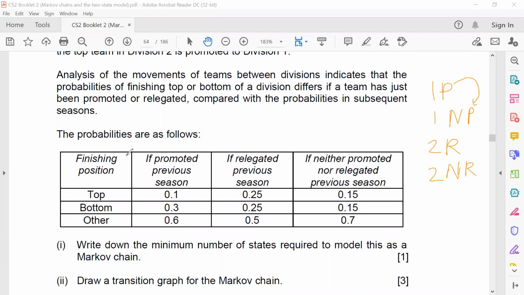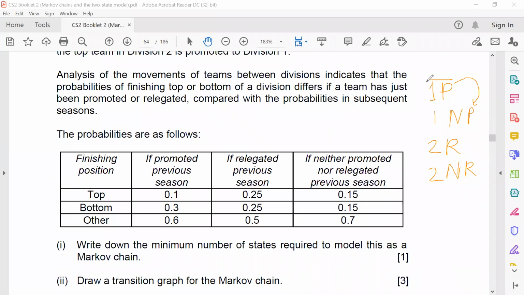So I see that if I was promoted in the previous season, then the probability that I will finish in the bottom is what I want to see, right? I know that I can only be promoted when I'm in state 1.